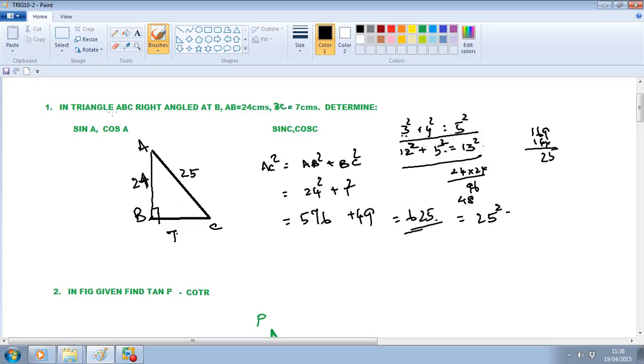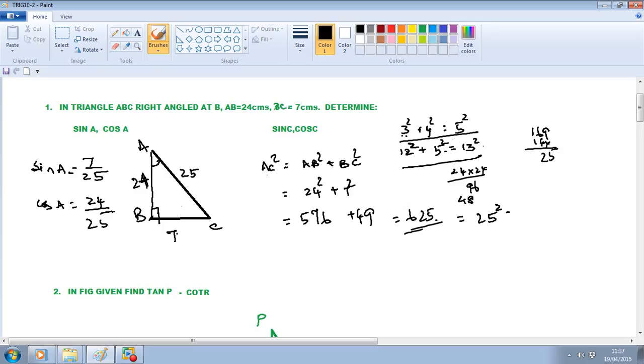Once you know this, you can now determine sin A and cos A. What is sin A? Sin A is equal to opposite side by hypotenuse, which is 7 by 25. Cos A is equal to 24 by 25.